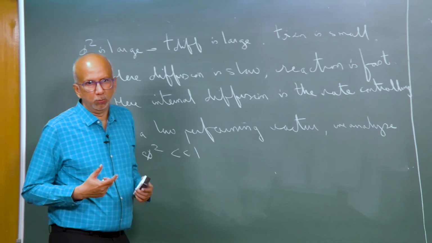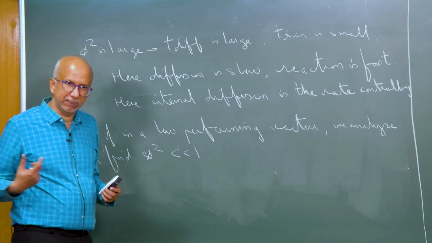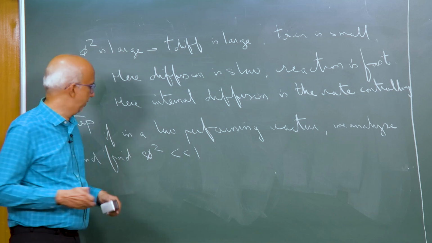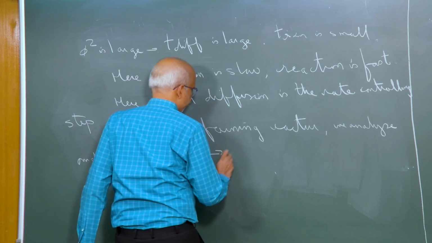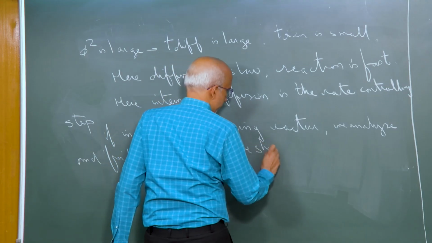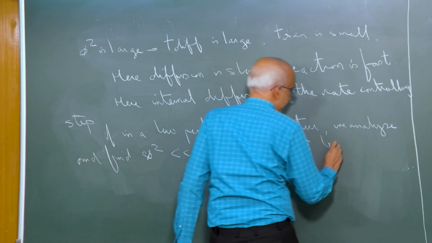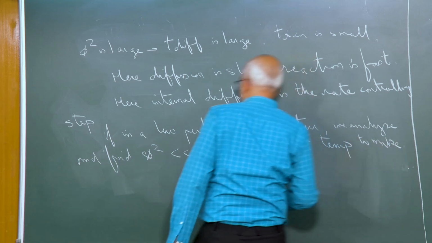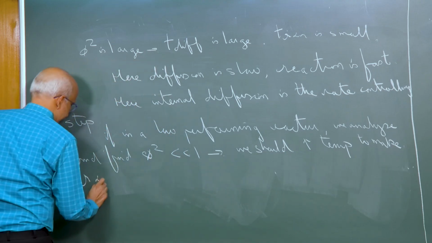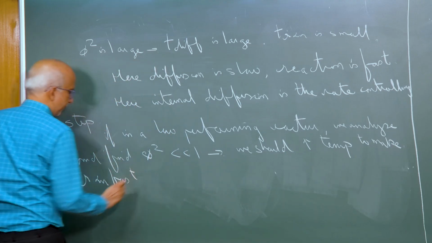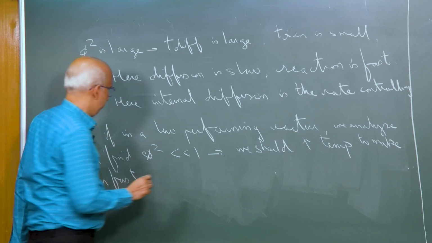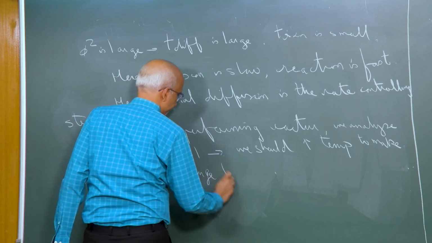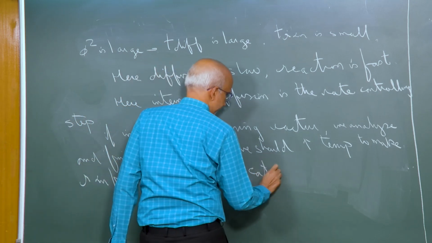So what should you do now? The diffusion is already fast. There is no point in trying to make the diffusion faster because it is already fast. So what we should do is increase the temperature to make the reaction fast, or we have to change the catalyst.